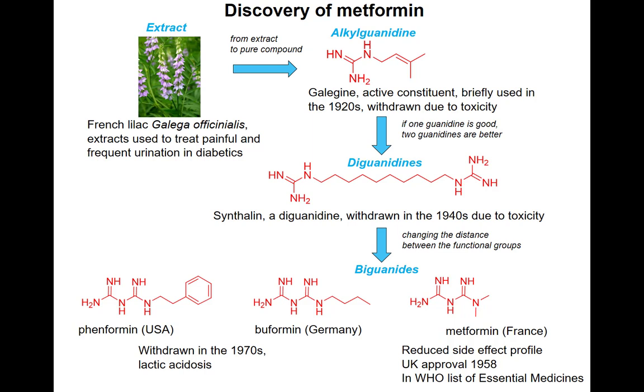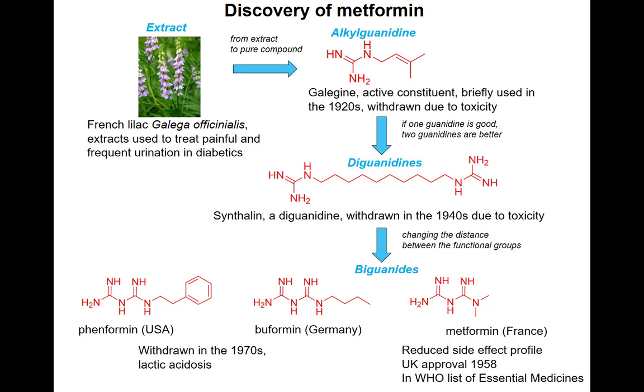This crude extract had been used traditionally, and later on the pure compound that was responsible for this pharmacological activity was isolated, and that was found to be this guanidine compound galegine.